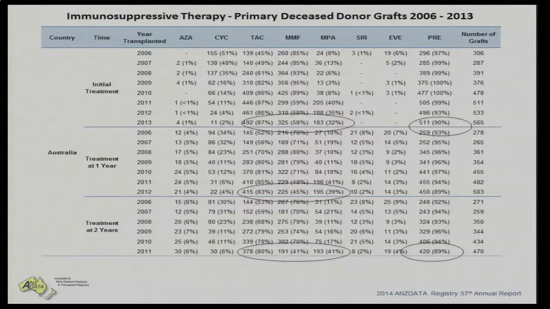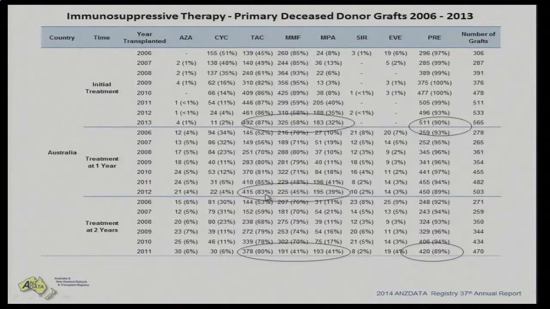And just the last 2 minutes to show you, this is what current practice is. This is the Australian New Zealand Transplant Registry showing what we use as standard therapy. Initial treatment at 1 year and 2 years. And you can see that based on the studies I've just mentioned, the commonest is tacrolimus, mycophenolic acid, or mycophenolate, and prednisolone.